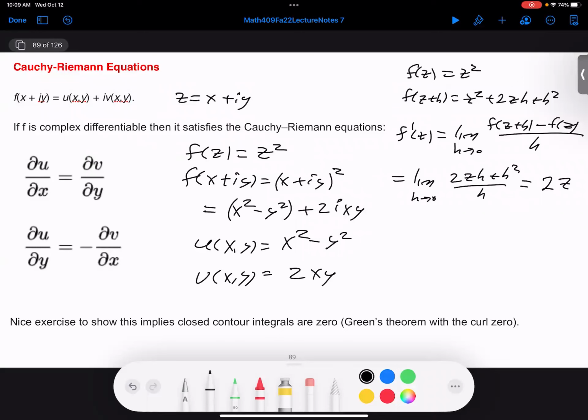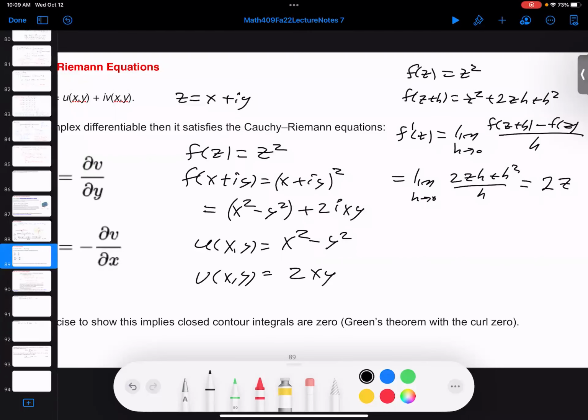And so here is an example of a differentiable function. You can show it satisfies the Cauchy-Riemann equations. And why is v of x,y 2xy? Well, because we're writing f as u plus iv. So if I calculate, it's x squared minus y squared plus 2ixy. So my v is just what you get when you take out the i, and this way u and v are real valued functions. And so you can do the differentiation. You can see du/dx equals dv/dy, and du/dy equals negative dv/dx. So you can check that the Cauchy-Riemann equations hold in this case.